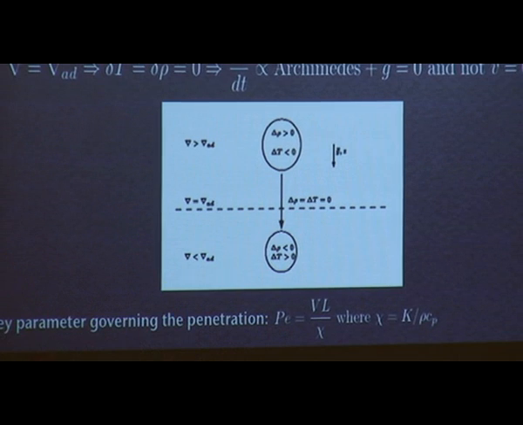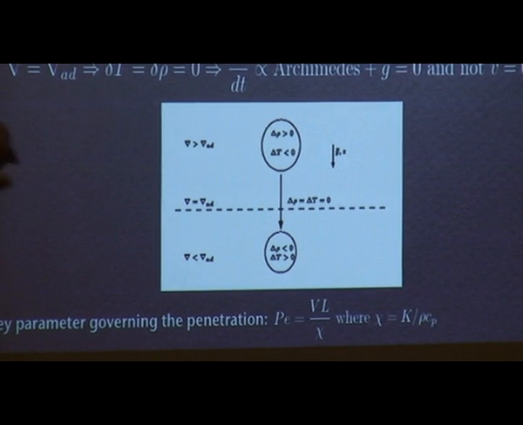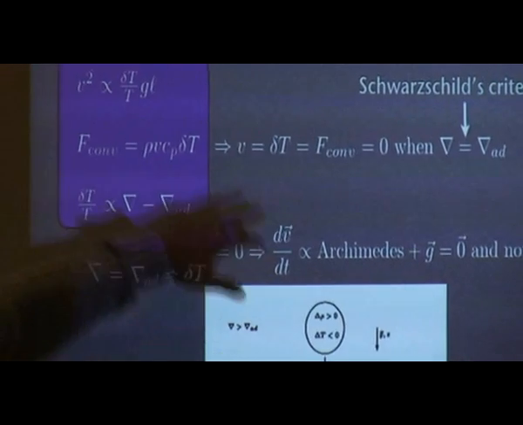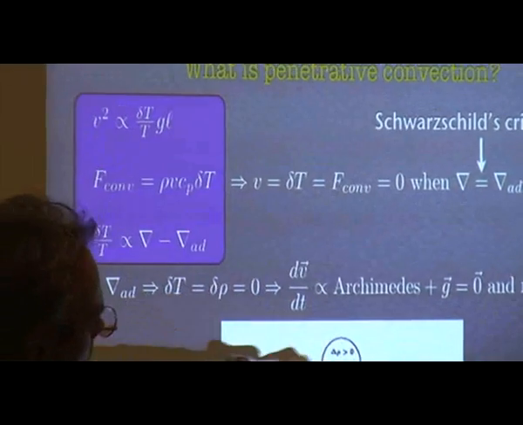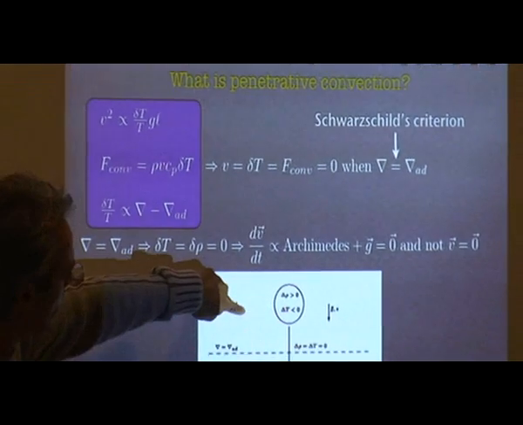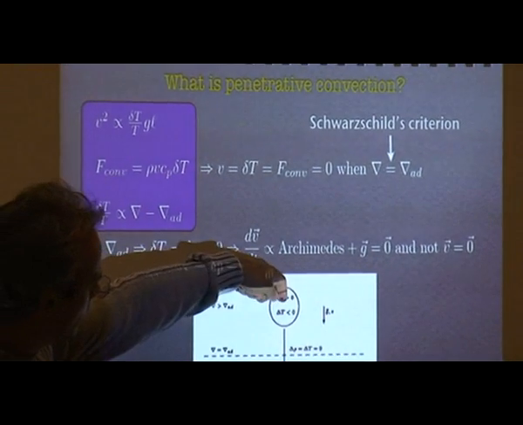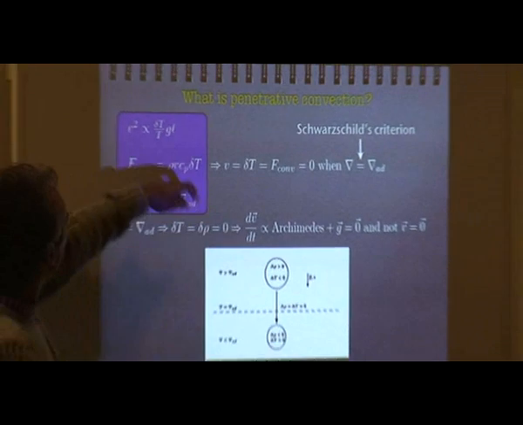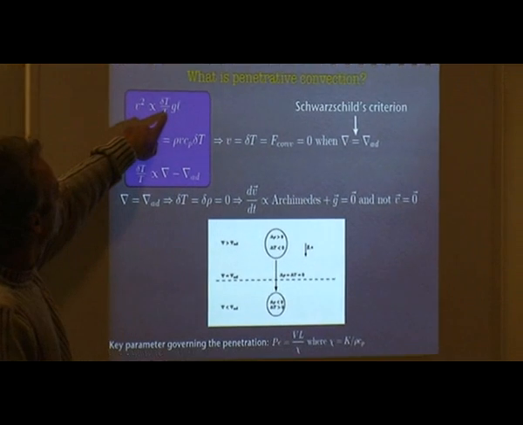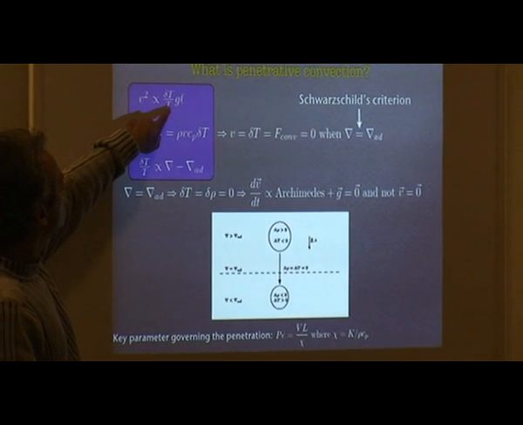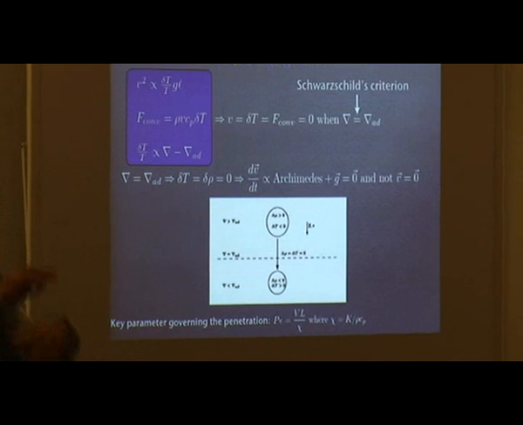And the mixing length theory says that a convective blob here, which is cold compared to the surrounding medium, falls down. Its velocity is related to its temperature contrast compared to the medium.